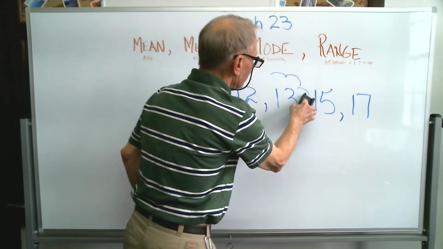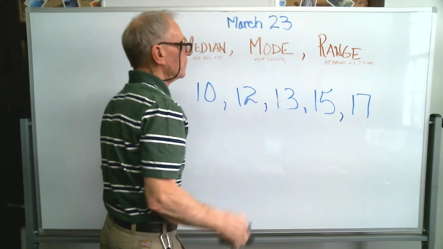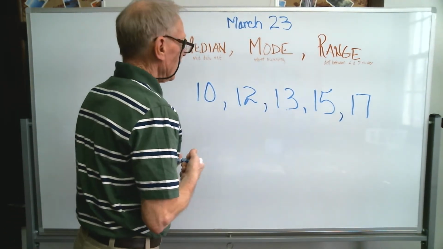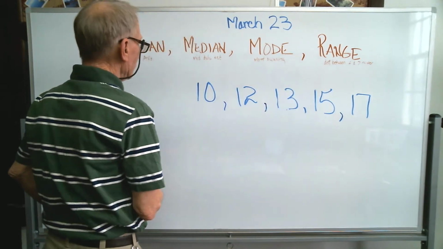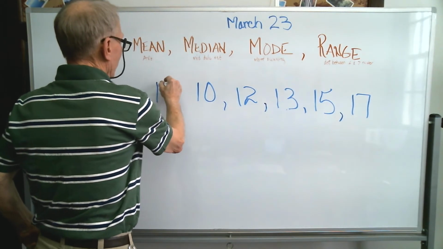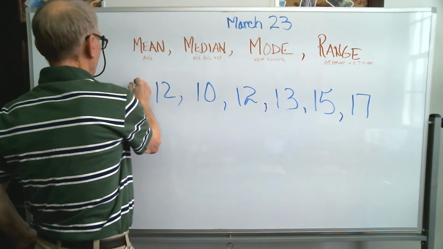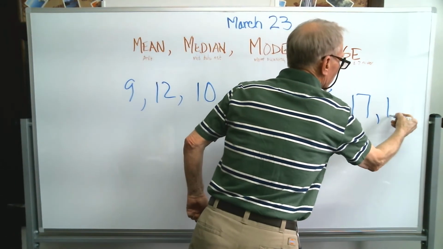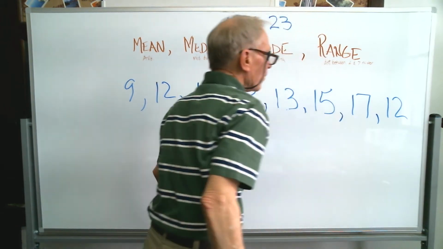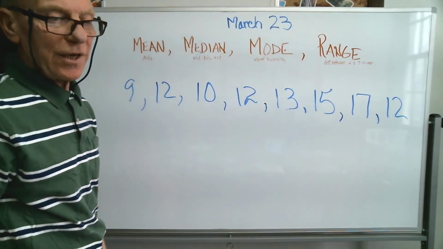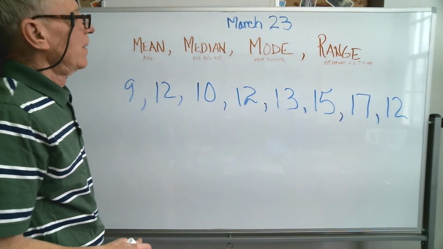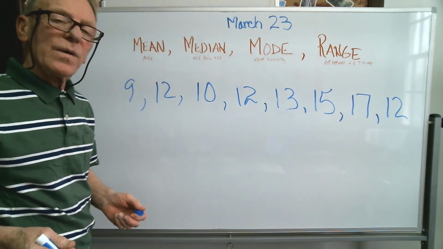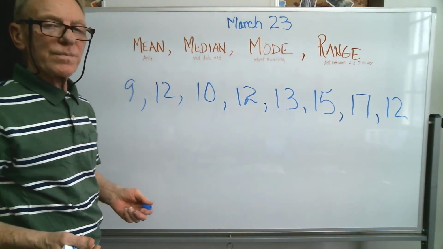The next term is mode. Now, when you're looking at a bunch of numbers, as you see here on the board, mode is telling you which number is occurring the most.